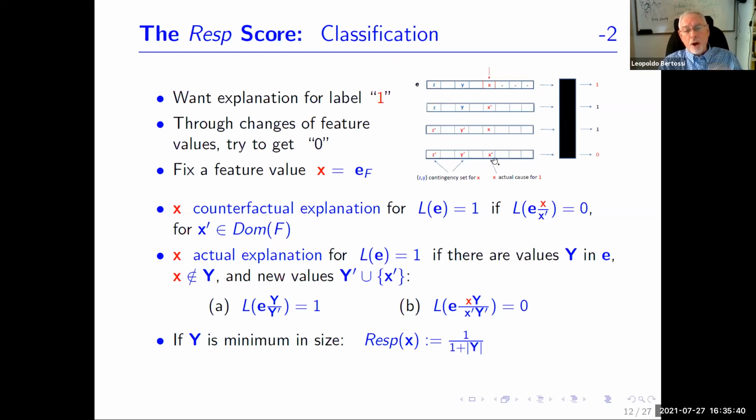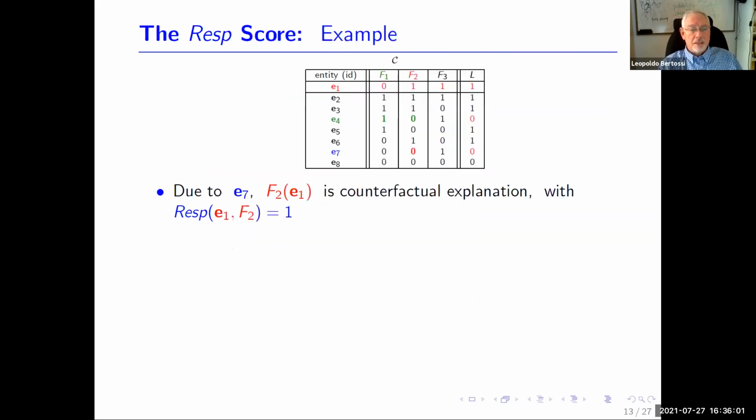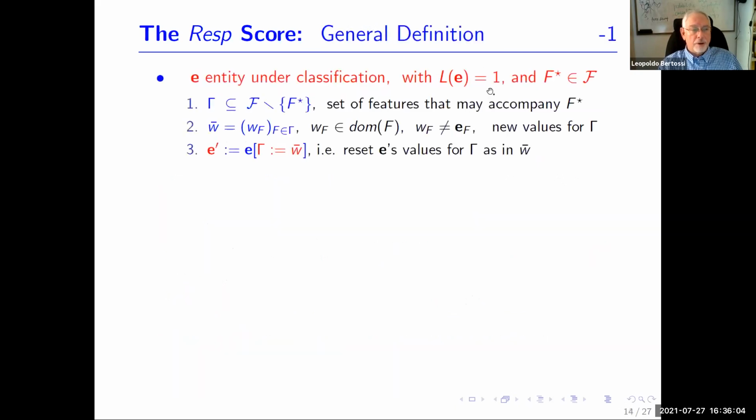So having just one value that changes the label may be too little in comparison to the large number of all other values that do not change the label. So in this sense, it is more natural to extend this idea to an average, considering all the possible values that we can make X take. So this is the generalized version of the responsibility score.